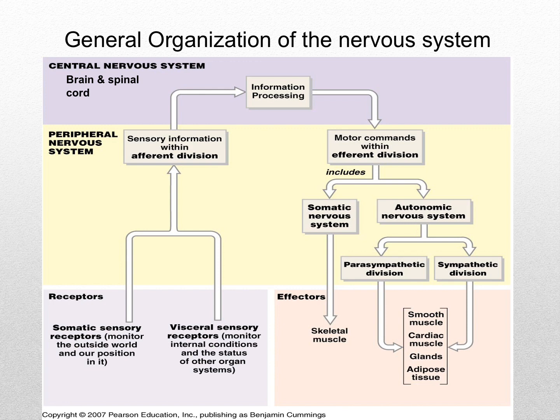So let me explain. Okay, so in the nervous system, the organization is that your body is going to take in information from receptors, from either somatic sensory receptors or visceral sensory receptors, taking information from the environment, okay, and then that information is going to go towards the peripheral nervous system.